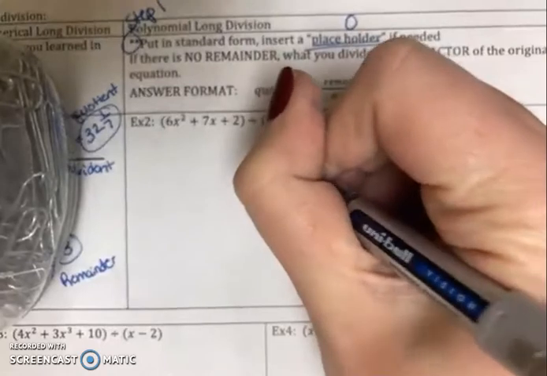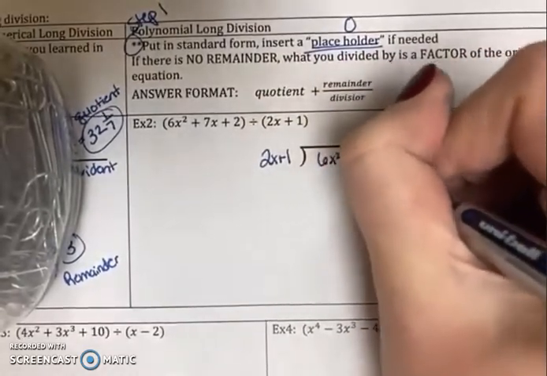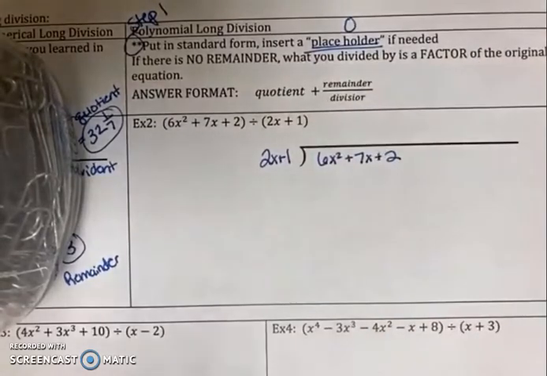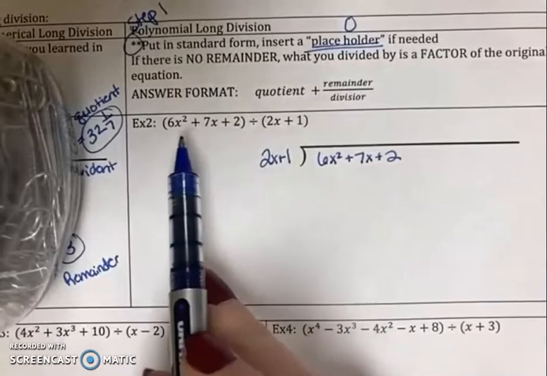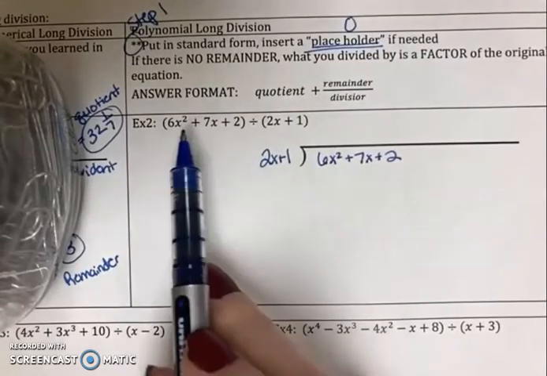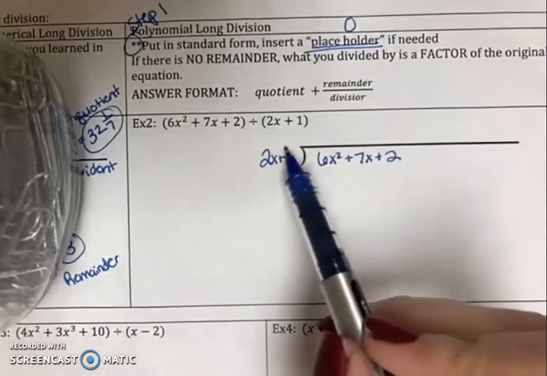So 2x plus 1 is our divisor, 6x squared plus 7x plus 2 is our dividend. It was already in standard form, and it did not need any placeholders because I have an x squared, an x, and a constant.